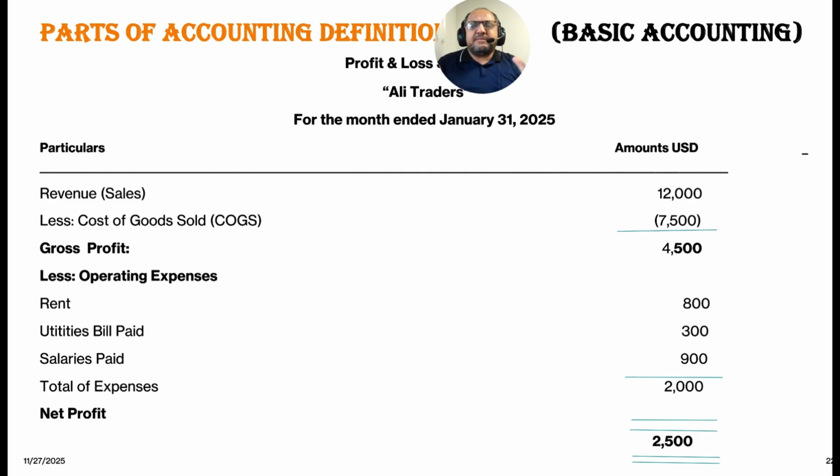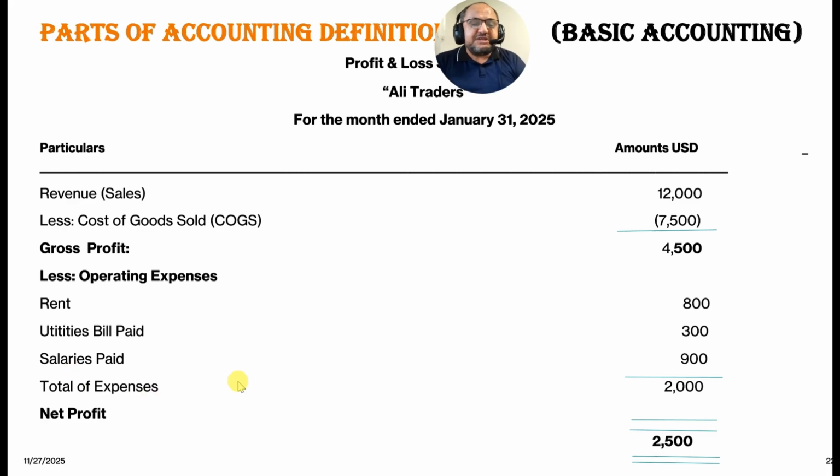We have a lot of expenses, but before finding the net profit, we have to deduct the operational expenses. Here I gave the rental expenses $800, the utilities expenses $300, the salaries expenses $900. 800 plus 300 is equal to 1,100 plus 900 is equal to 2,000.